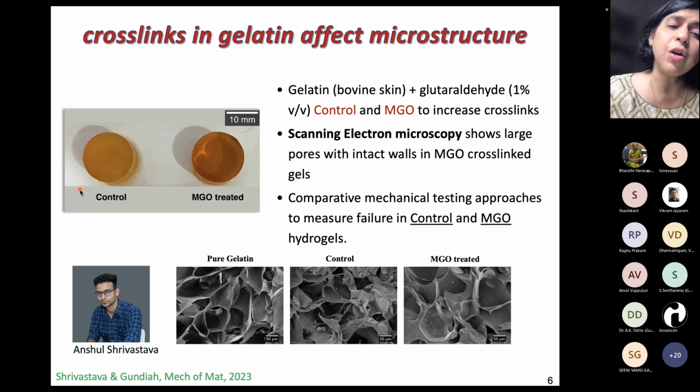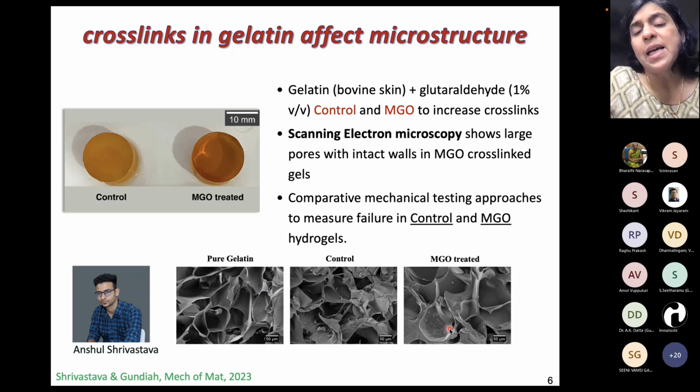But the quantification of failures in such soft materials is a little bit challenging from an experimental perspective. When we look at SEM micrographs, we see these MgO-treated hydrogels have much larger pore sizes. We think that is because the gel has been better cross-linked, and so it's able to withstand a lot more of this loading.